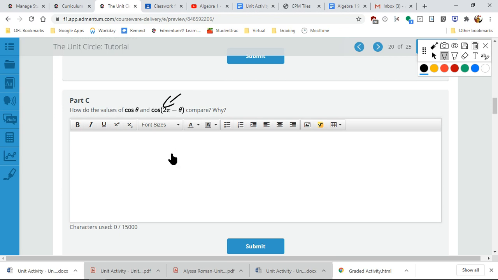So get used to using radians too, because Edmentum likes radians. So the values of cosine at these 2 points are congruent. You can say equal to if you guys don't like using geometry vocab. So these 2 points are equal. Why?